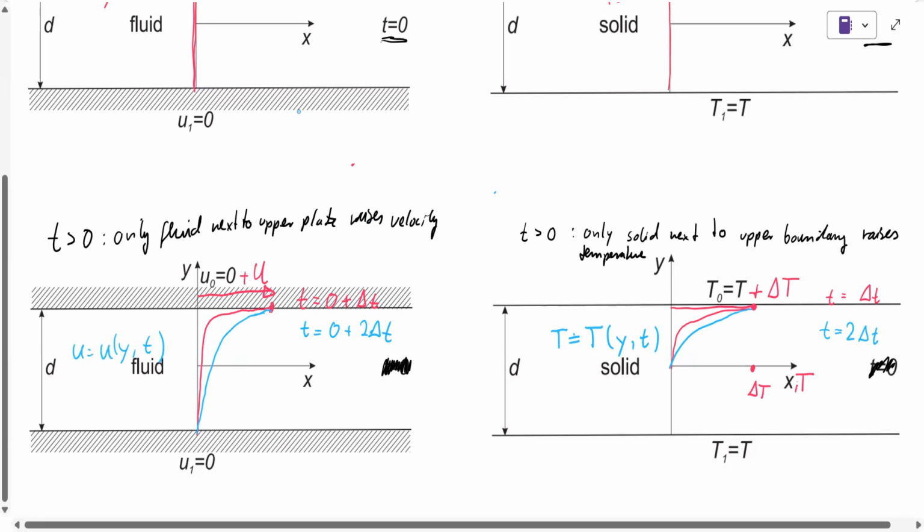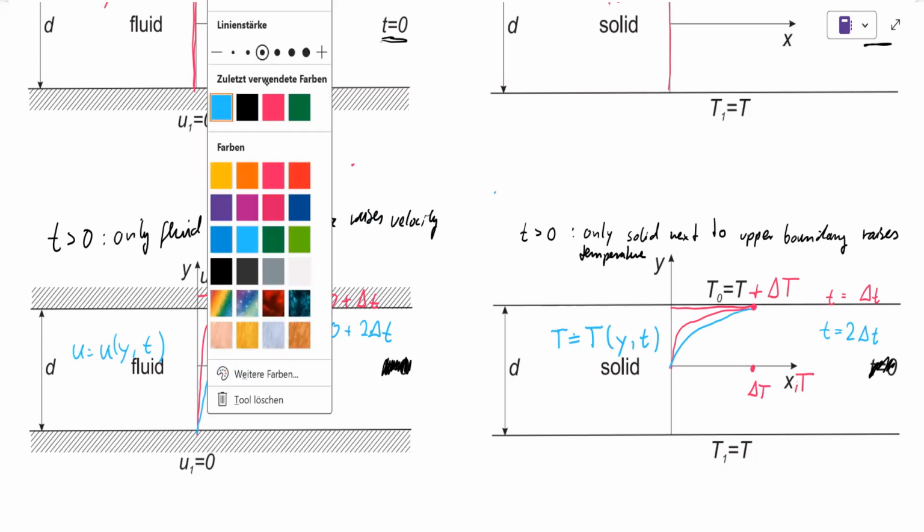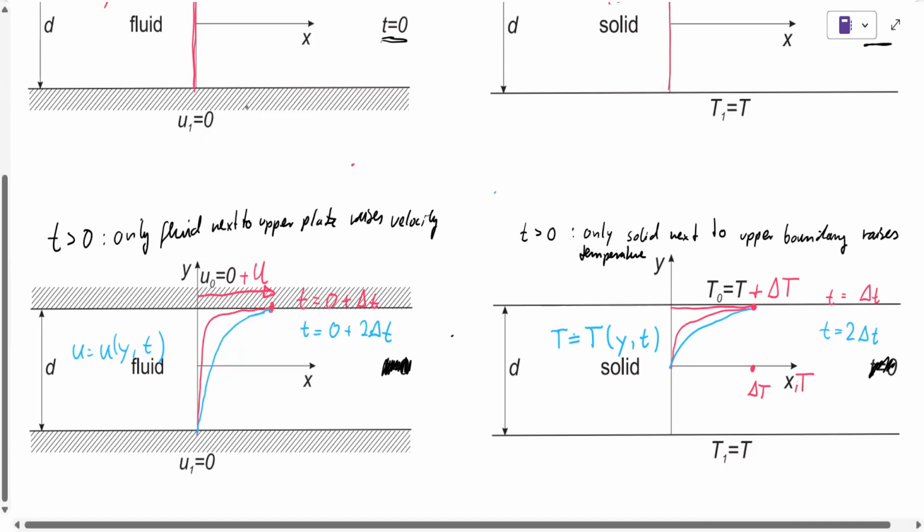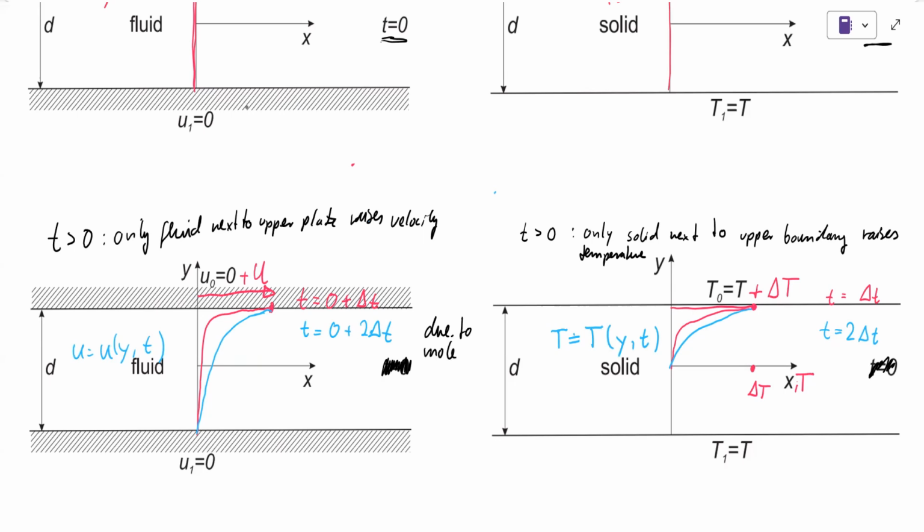Okay, so why do we see a behavior like this? This is due to the molecular transport of heat and momentum. For the left-hand side, for the fluid, we do not see currents from the upper boundary which move towards the lower boundary.